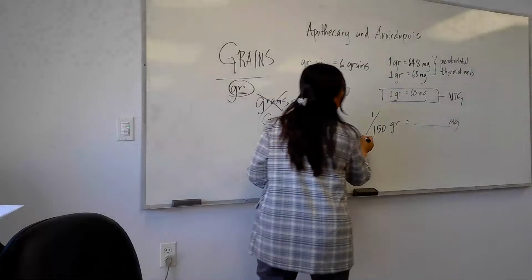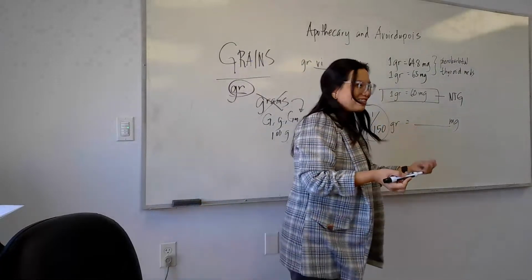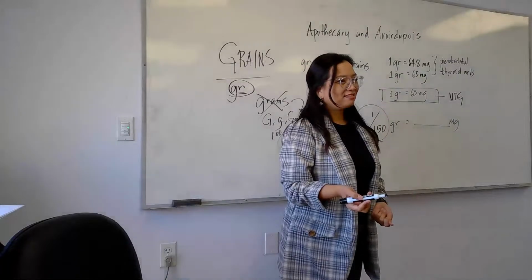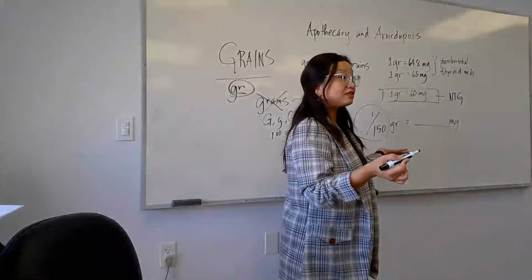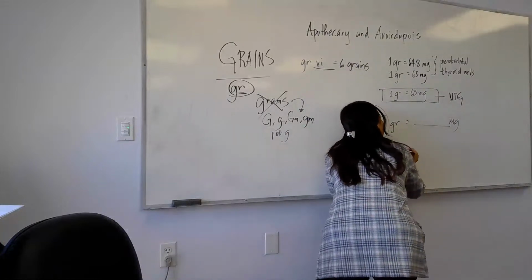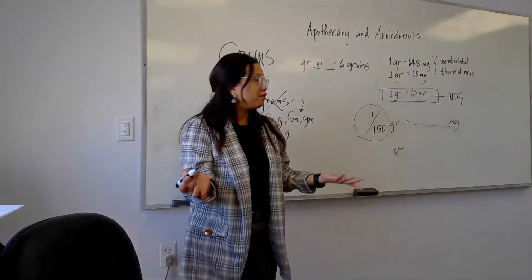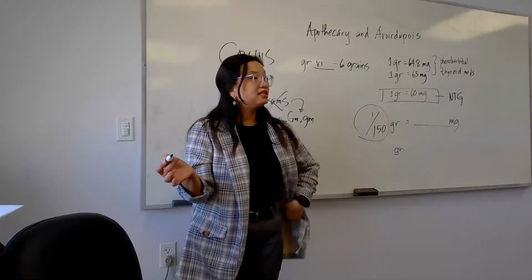I convert this fraction first into a decimal, then proceed with ratio and proportion. Whatever answer you get from the fraction is still grains. You haven't converted that to milligrams. Is that clear? 1 divided by 150 is?